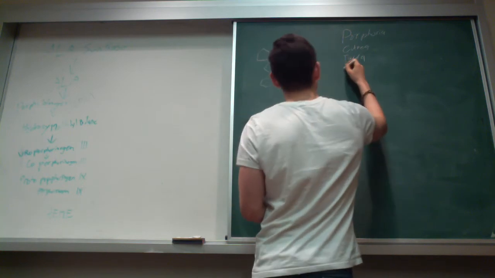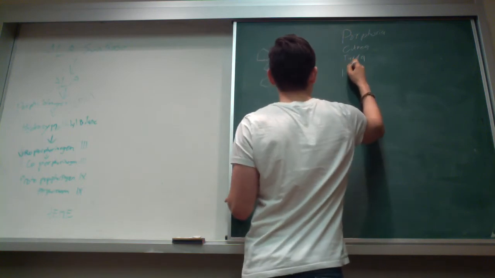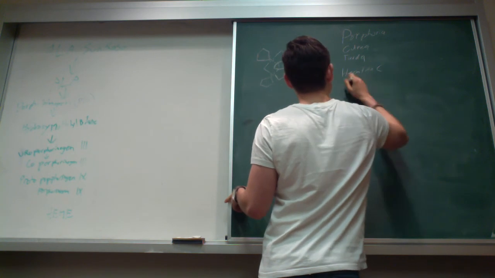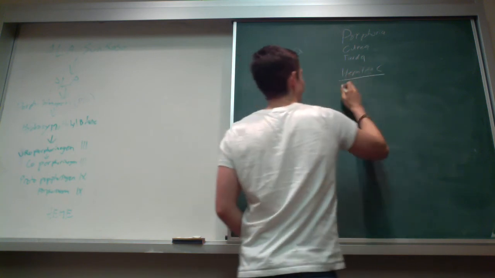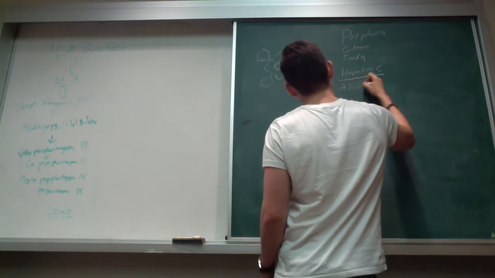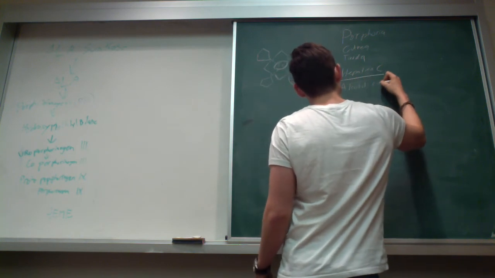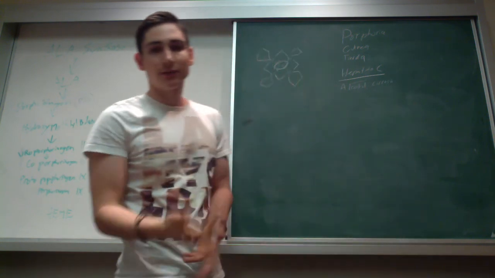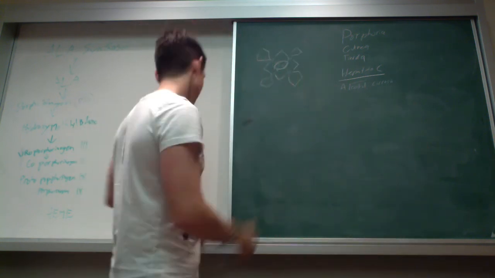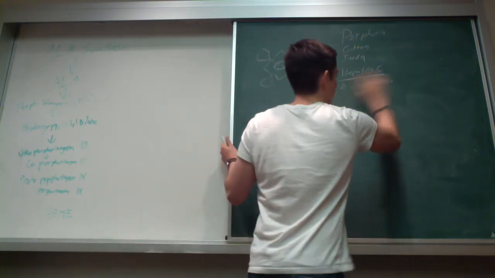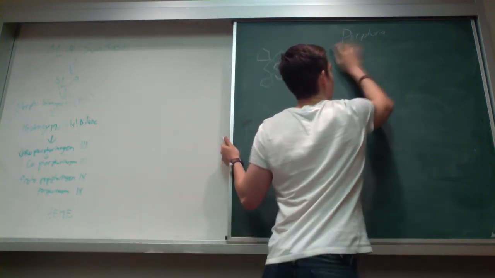So if you have liver disease, like hepatitis C, or alcohol cirrhosis, what it does is that will affect the pathway, and basically you get a buildup of porphyrins, and that's one that's actually acquired.